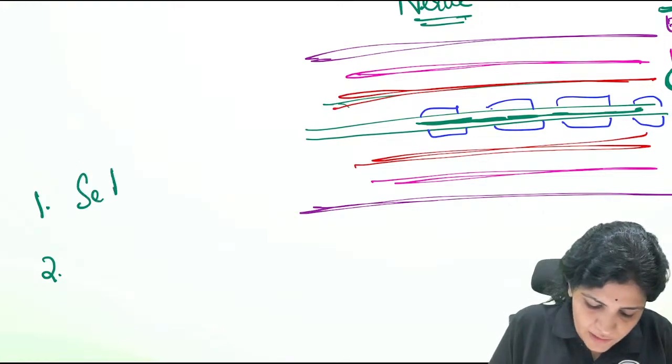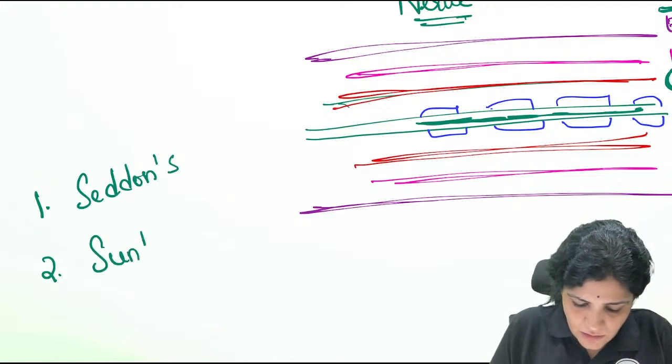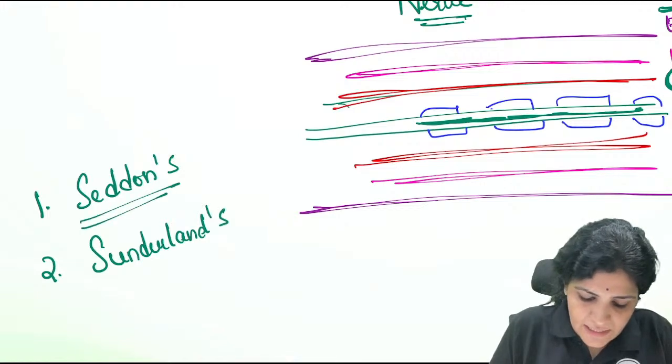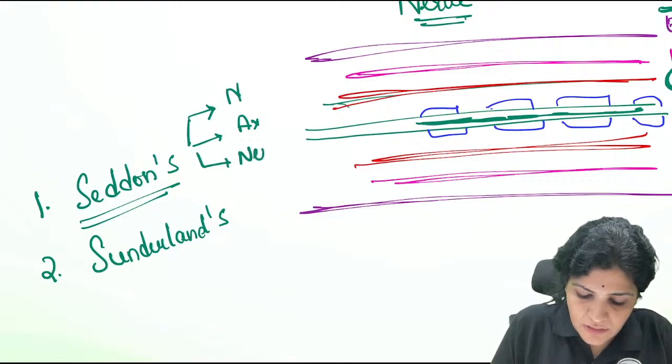So the first one is Seddon's. Second one is Sunderland's. Seddon's has divided it into neuropraxia, axonotmesis, and neurotmesis.